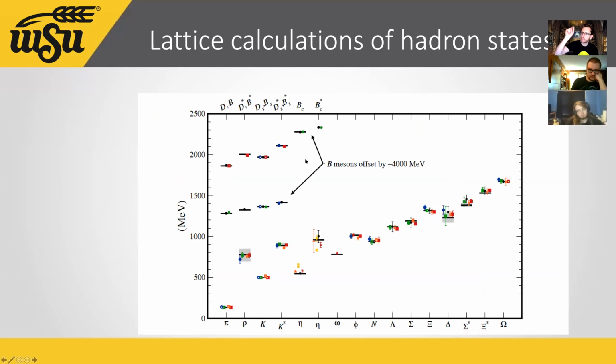All those little resonances that we saw in there are interesting bound state objects. And so we can try to find the masses of all those little bound state systems of quarks.